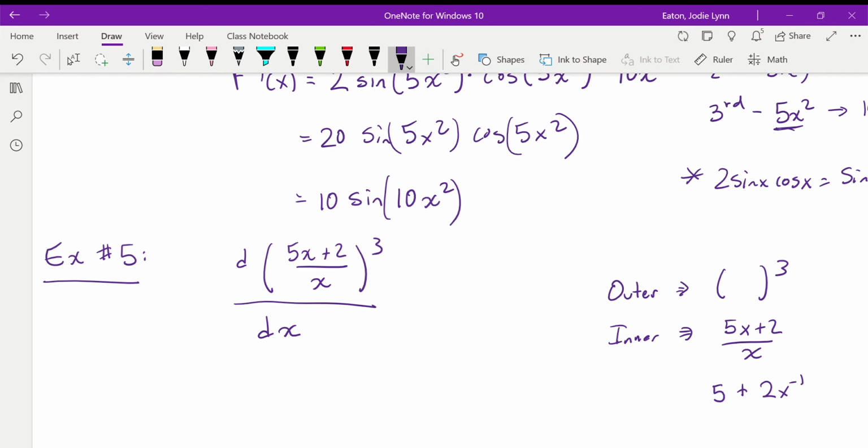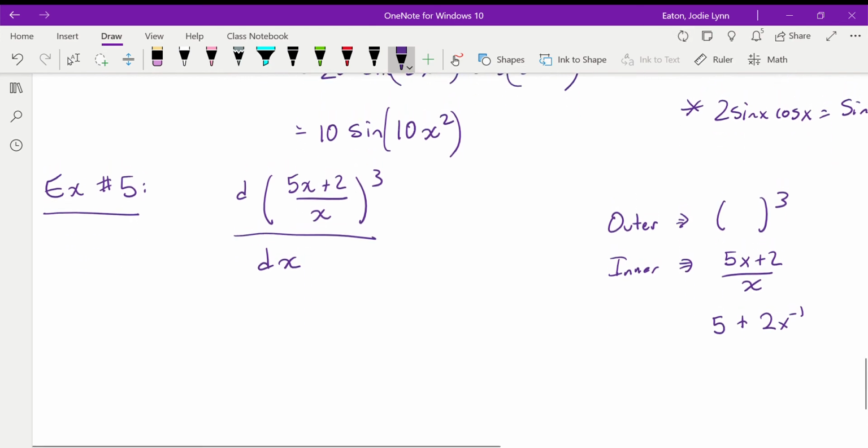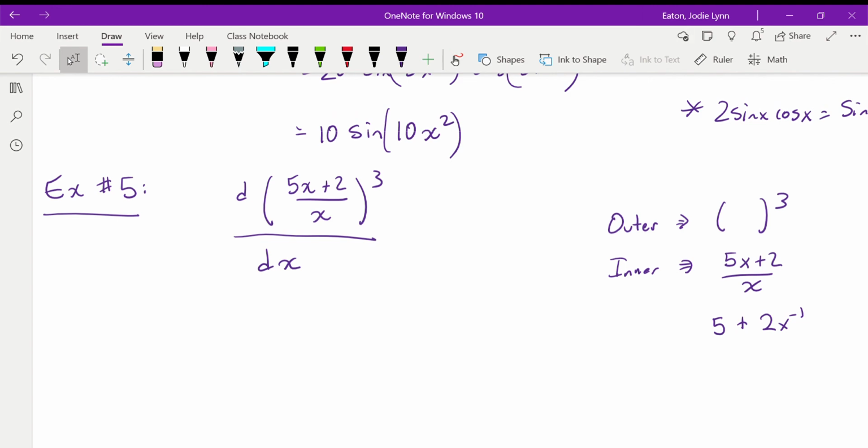Okay, so our outer derivative says our cubed goes to 3 times stuff squared. So we are going to do 3 times the same stuff, 5x plus 2 over x, squared. So that's our outer derivative.